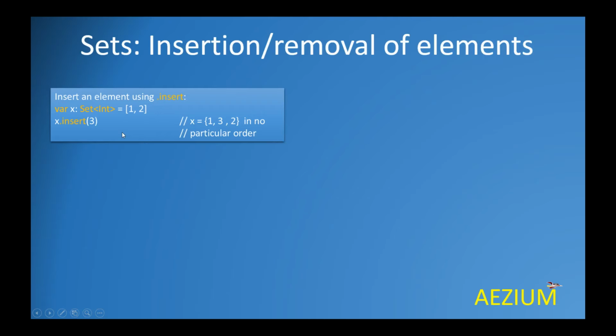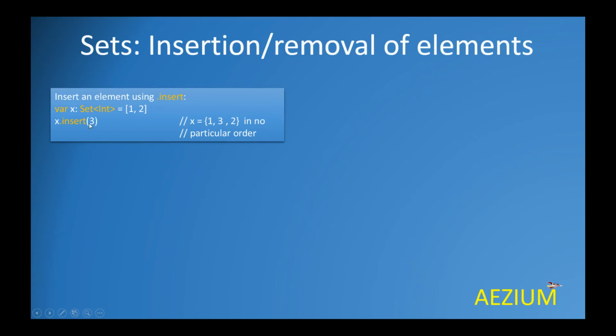One thing to notice here is if the value that we wish to insert into a set already exists, that is not a problem, but the insertion of that value will not make any difference in the contents of our set.